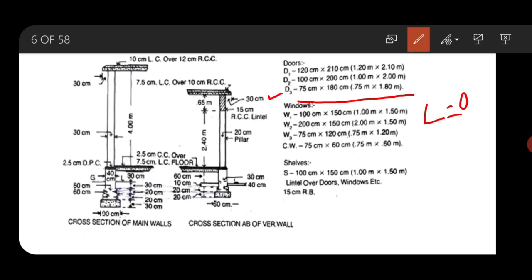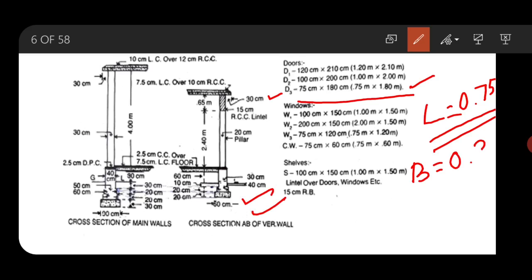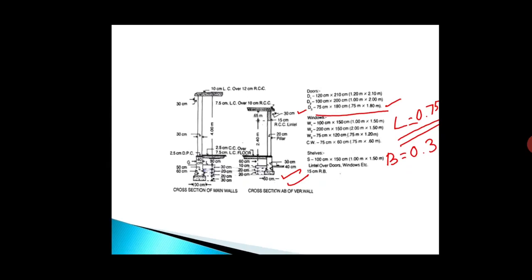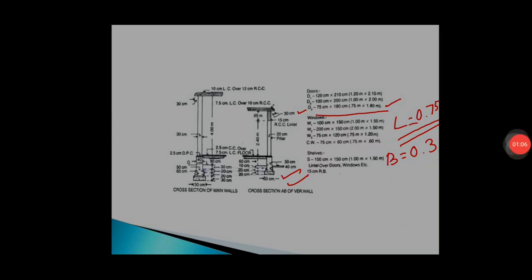That means the length of this door is 0.75 meter and height is 1.8 meter. But for deduction portion of DPC, we require this length of the door and the width of the plinth wall. As it is present over 20 centimeter wall, the width of the plinth will become 0.3 meter. Clear? Now we will move to the details of measurement form.